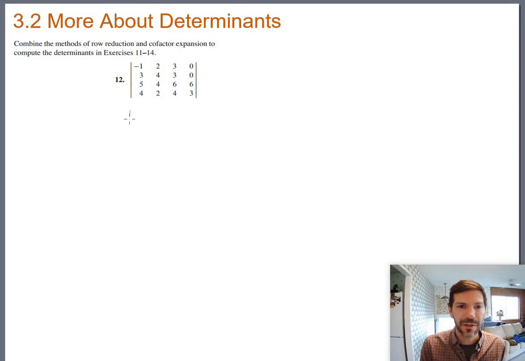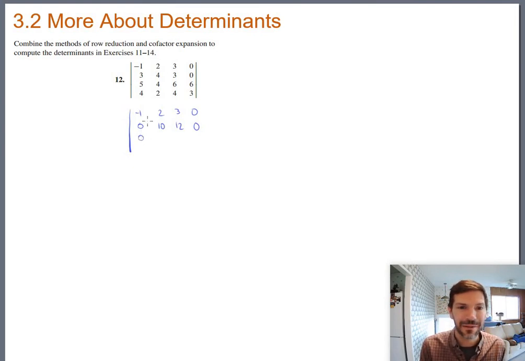So I'm going to start row reducing just by putting zeros in this first column here below the negative 1. So negative 1, 2, 3, 0. I need to add 3 of row 1 to row 2. So that'll be 0, 6 and 4 is 10. 9 and 3 is 12, and 0 and 0 is still 0. I also need to add 5 of row 1 to row 3.